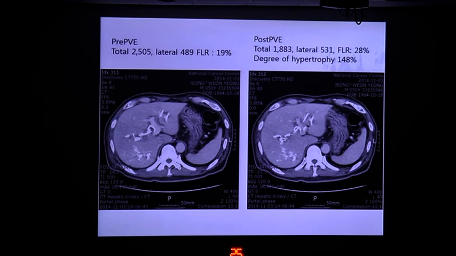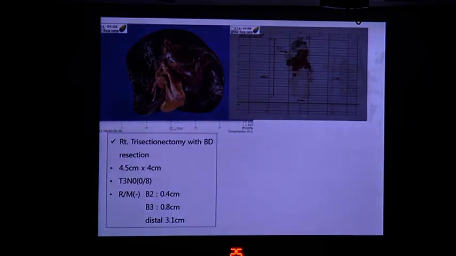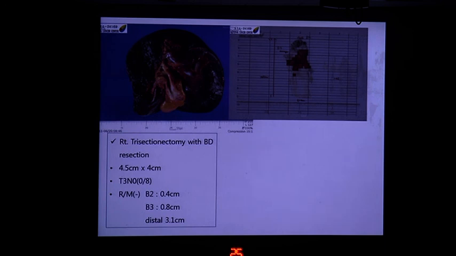With the volumetry, his future remnant liver of the lateral section was 19%. So we did right portal vein embolization, and his future liver remnant became bigger, to 28%. The degree of hypertrophy was over 150%. So we did right trisectionectomy, and you can see the mapping of the cancer cells, and we can get the free resection margin.